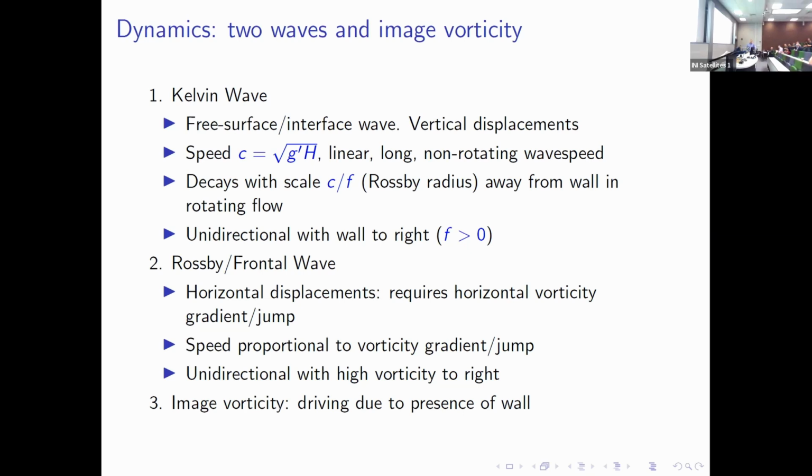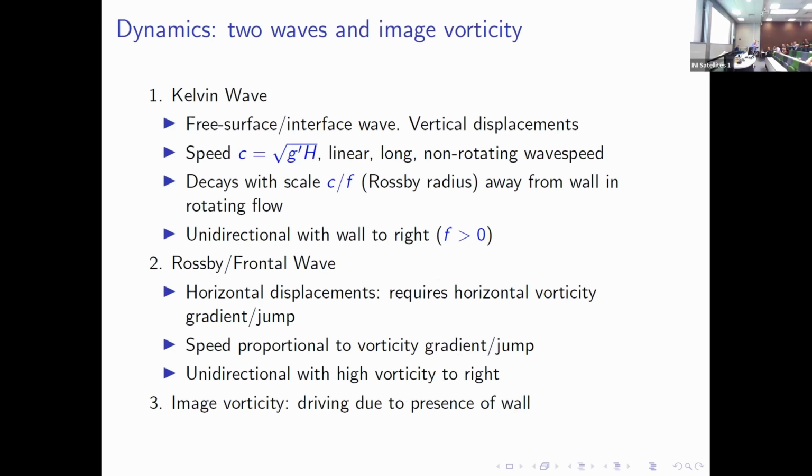There are other waves at the edge of the current. Then there's a Rossby wave. The Kelvin wave is a vertical fluctuation. The Rossby wave is a horizontal fluctuation in the edge of the current.